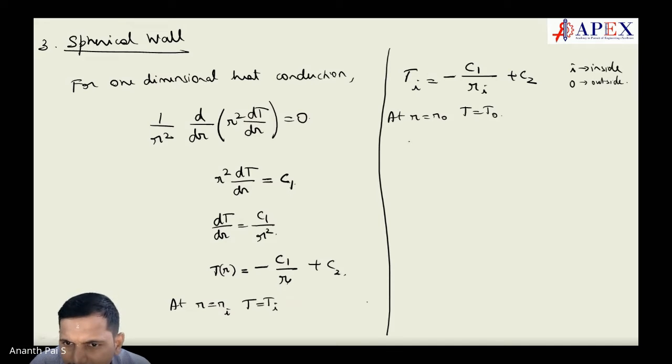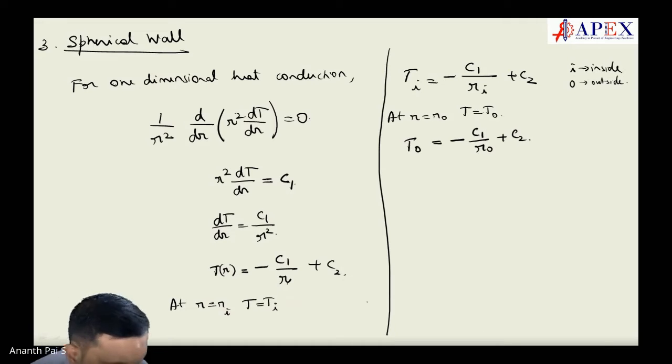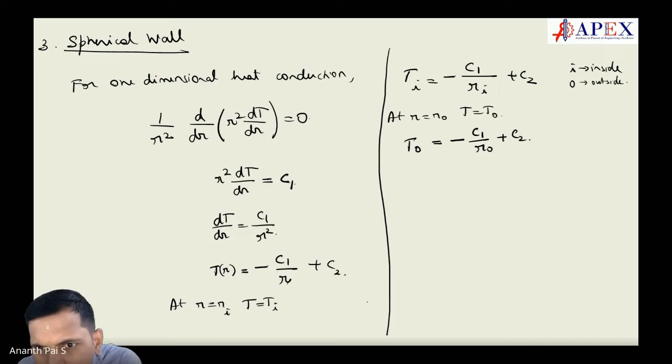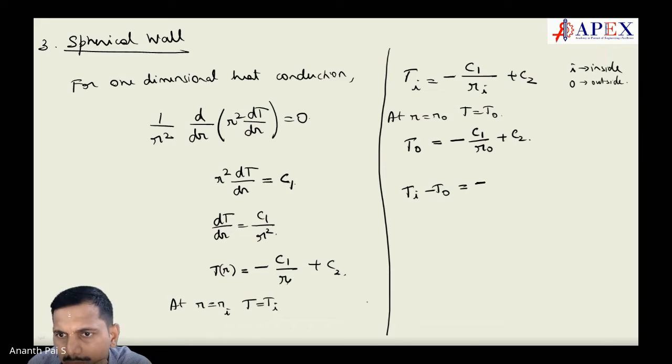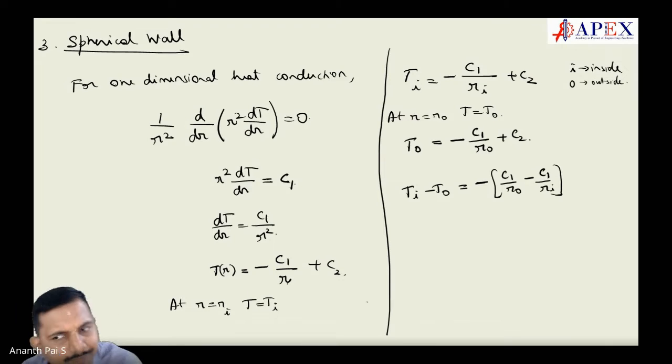So we'll get T naught is equal to minus C1 by R naught plus C2. When you solve these both, we can write Ti minus T naught is equal to minus C1 by Ri plus C1 by R naught. Correct?